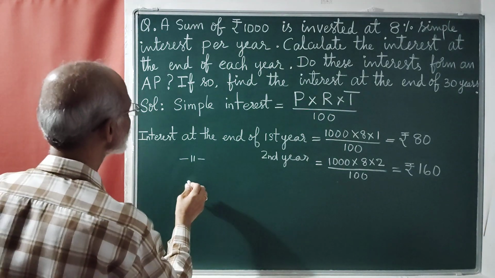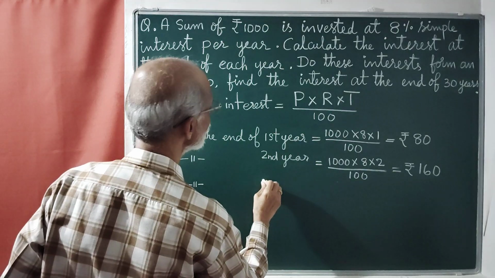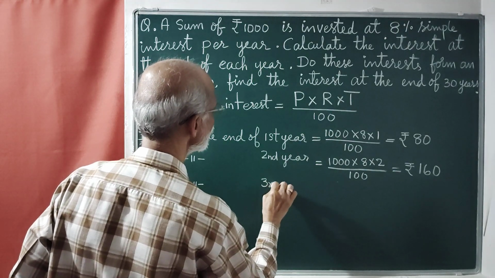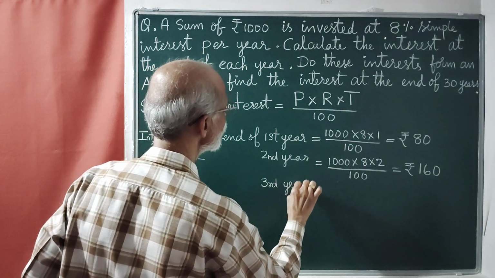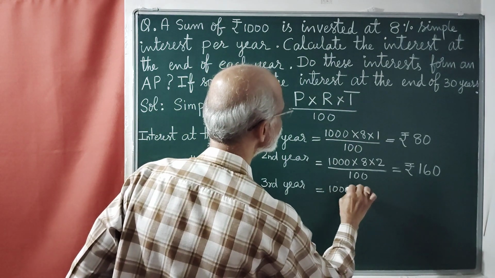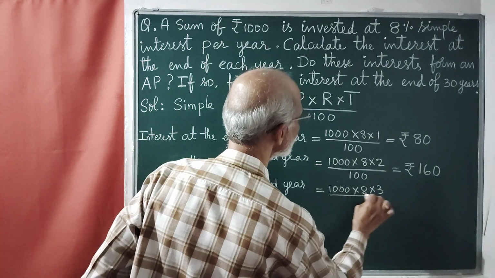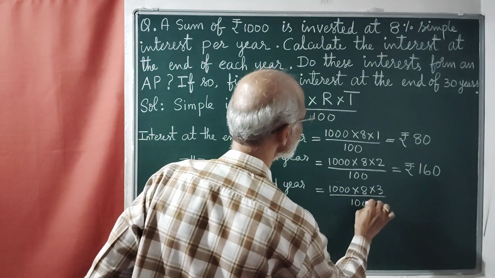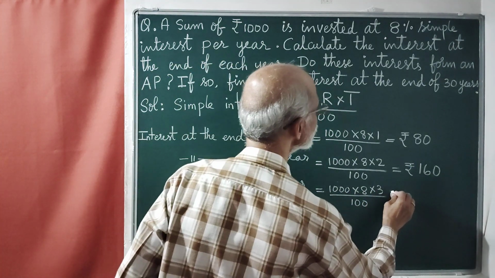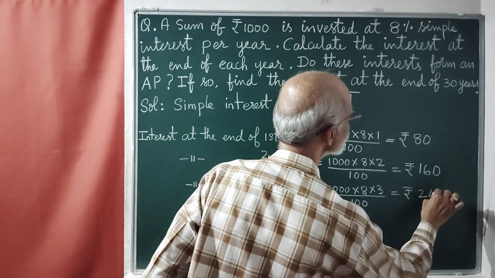The interest at the end of third year, 1000 into 8 into 3 by 100, rupees 240.